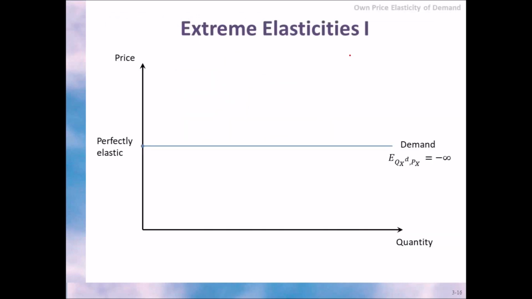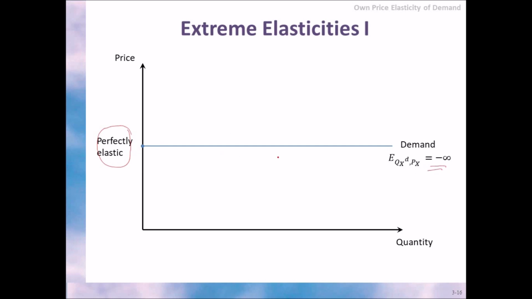Besides the three types of elasticity of own price, elastic, inelastic, and unitary, remember that you learned last time we have also extreme examples, in which the demand curve is horizontal like this. This is what we call perfectly elastic, remember? Perfectly elastic, your elasticity is infinite.